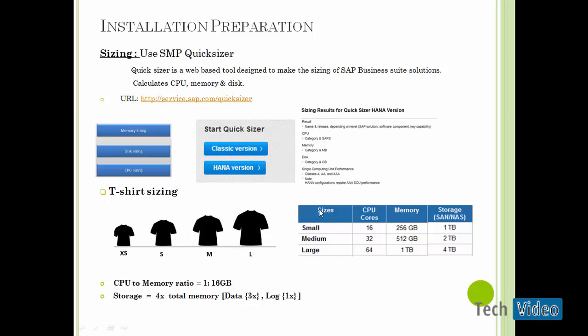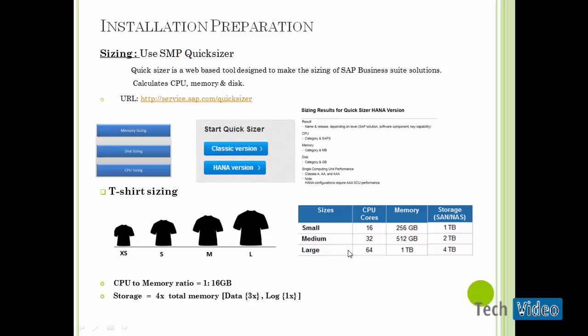In the picture you see that for the small category we need 16 CPU cores and memory is 256 GB. Based on this formula, this sizing is calculated. In storage again, based on this formula, storage is calculated as 4 times the main memory. Accordingly, for medium we have a similar formula where we see 32 cores, 512 GB and 2 terabytes of storage.